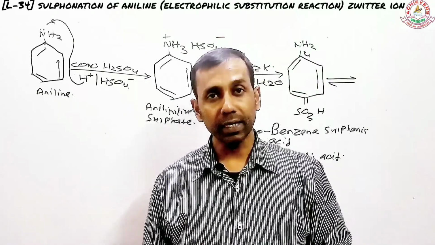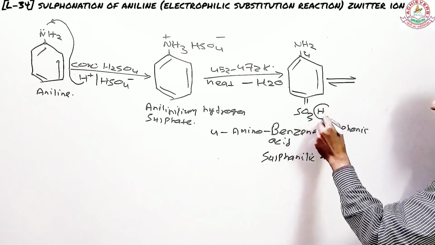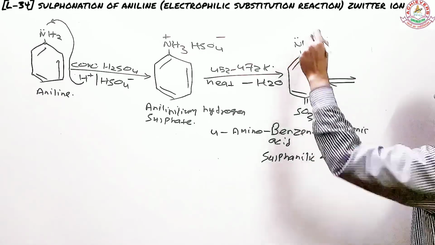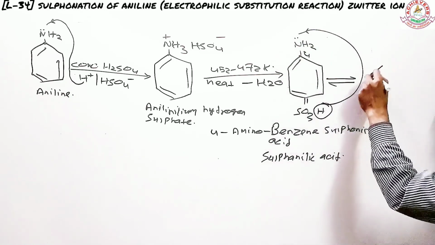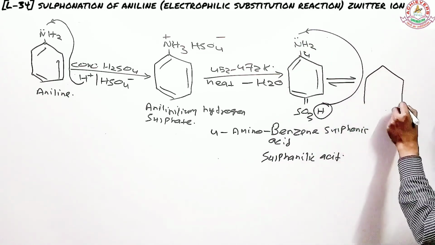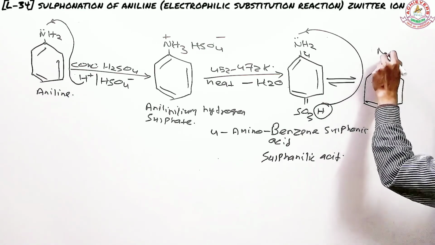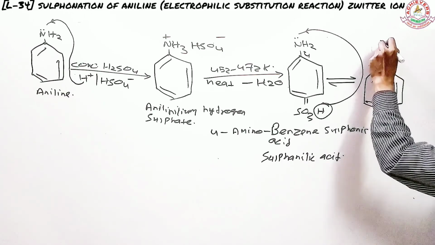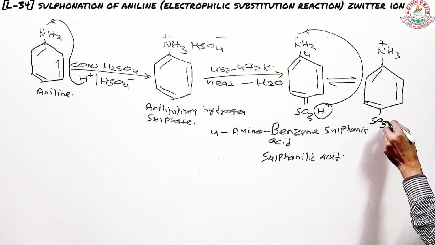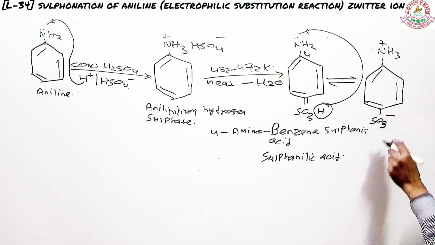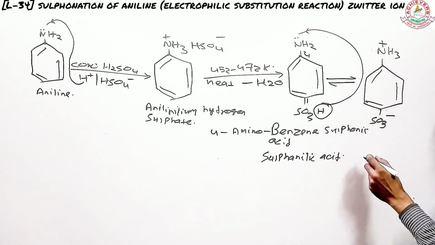So what this Zwitter ion is, I'll tell you what happens. The proton from the sulfonic group is transported right there, and it results in the formation of this particular compound, where you have again NH3 with the positive charge, and down here you have your sulfonate with a negative charge. Now just take a look. This is a compound I am talking about, which is called the Zwitter ion.